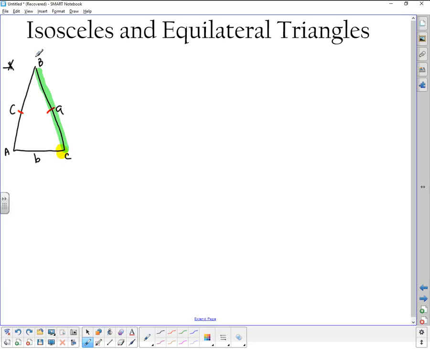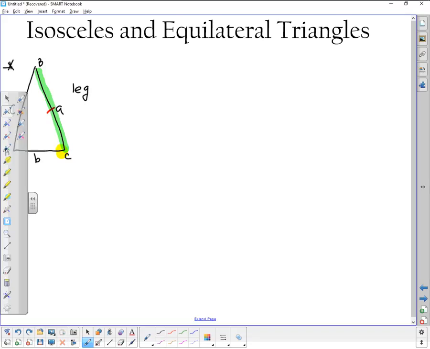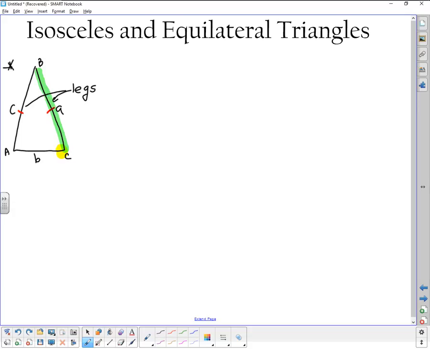Now, the parts have names. An isosceles triangle has legs, and when you're talking about legs, you're talking about the sides that are congruent. So this will be a leg, and this will be the other leg. The reason they are the legs is that those are the two sides that are congruent.